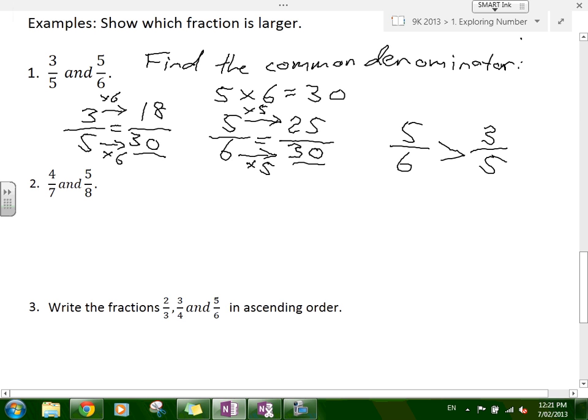What's the common denominator here? How are we going to find the common denominator? If we follow the pattern of the first one, what do we have to do with the two denominators? What do we have to do with the 7 and the 8?